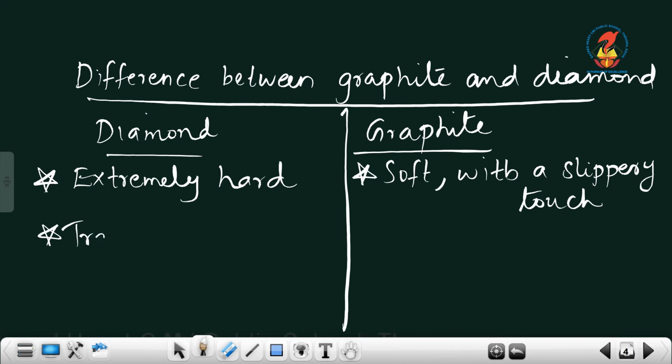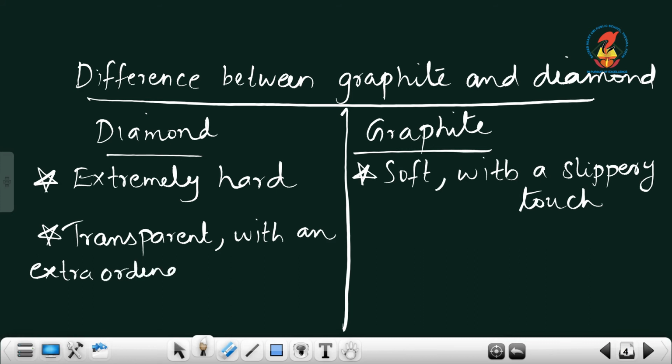Second one is transparent. Diamond is transparent with an extraordinary luster. You all know that diamond has a bright luster.